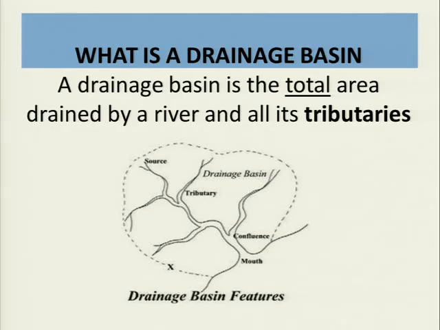Now, if you look at the picture, you will see that the drainage basin is the dotted lines and everything in between. Remember, it is an area. So it covers the whole area in between the dotted lines.